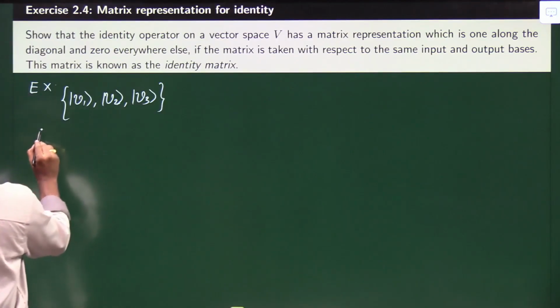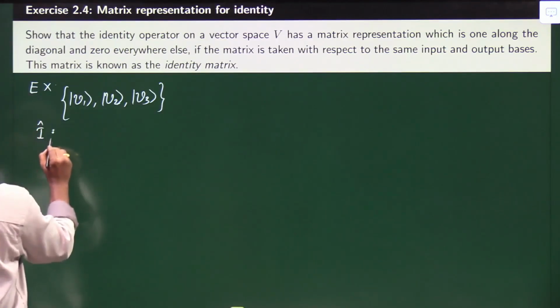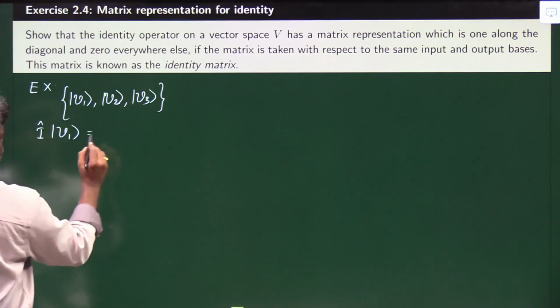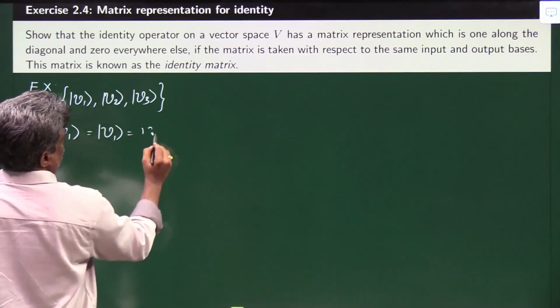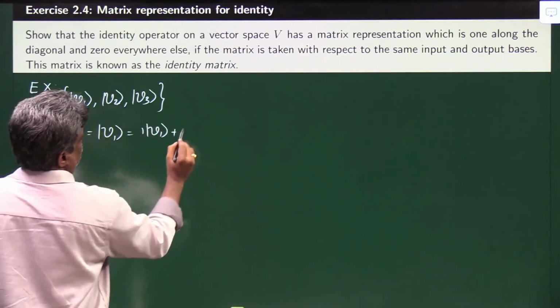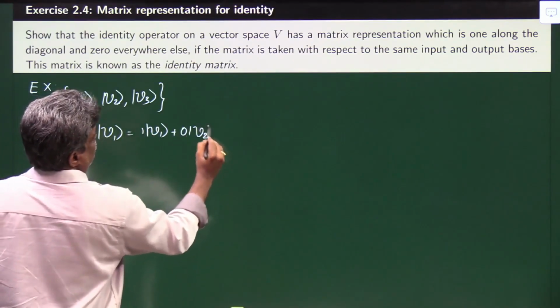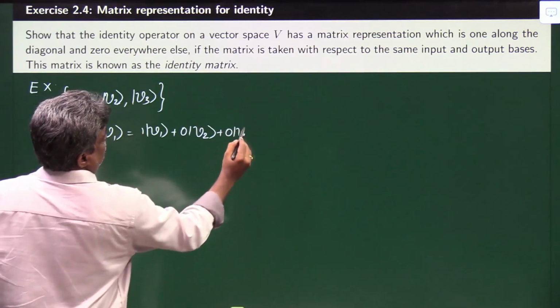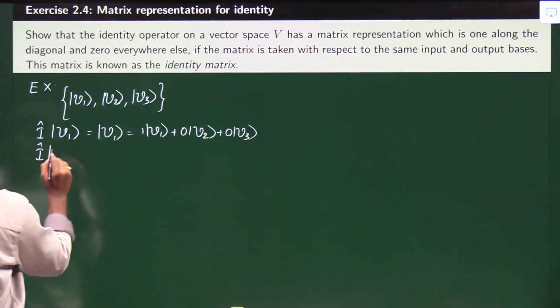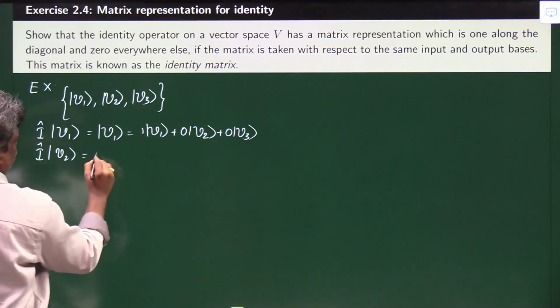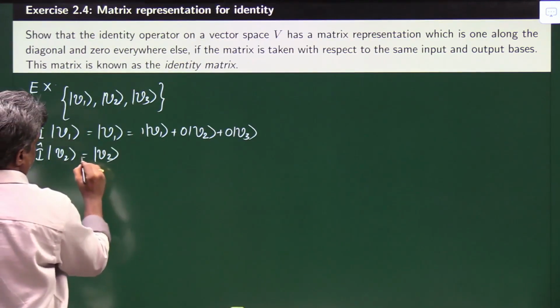Now if you take the identity operator operating on V1, we get V1. So this can be written as 1 V1 plus 0 V2 plus 0 V3. Similarly, if the identity operator operates on V2, we get V2 only, the same state.